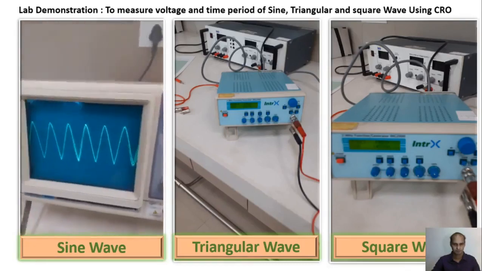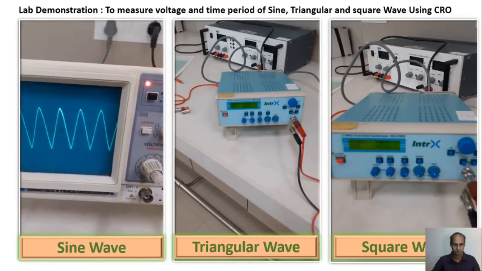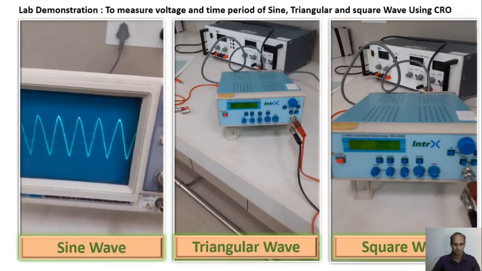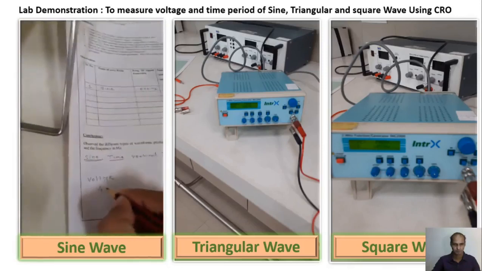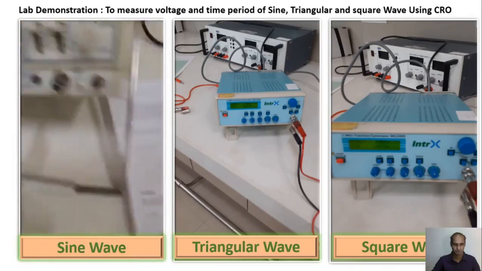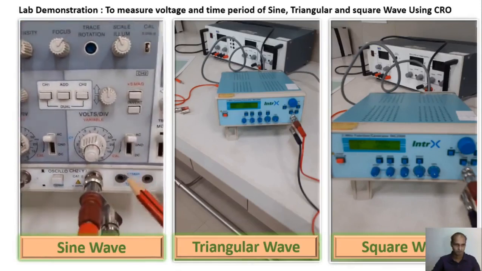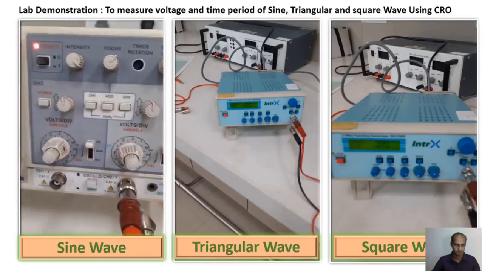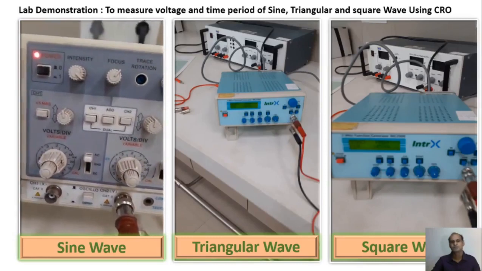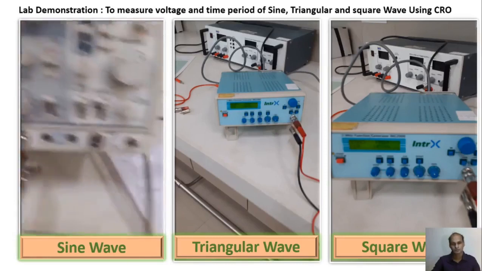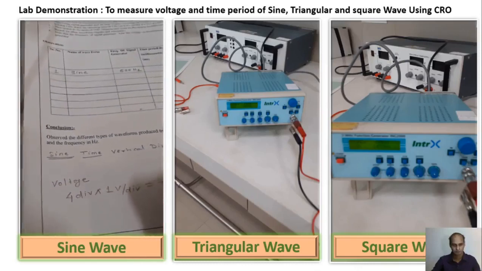So my voltage is 4 divisions multiplied by my volts per division for this particular channel 2, which is at 1 volt. So 4 divisions into 1 volt per division. So my peak-to-peak voltage is 4 multiplied by 1 volt per division, that is 4 volts.